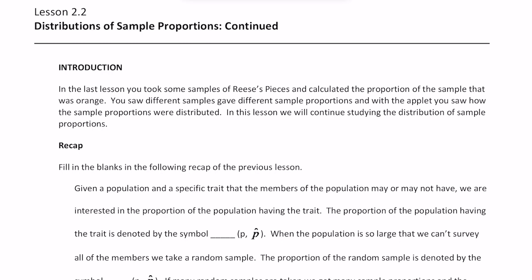And what we saw was that every person in the class had a different sample, and each had different sample proportions. Remember, your sample proportion was p hat, and we obtained p hat from our larger population, P, and P in that case was all Reese's Pieces.